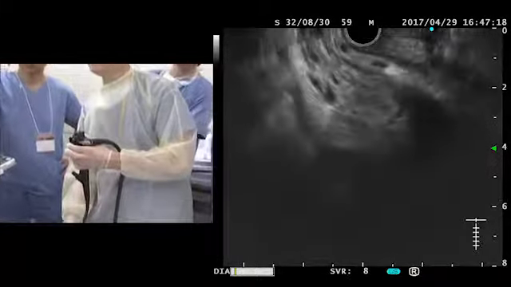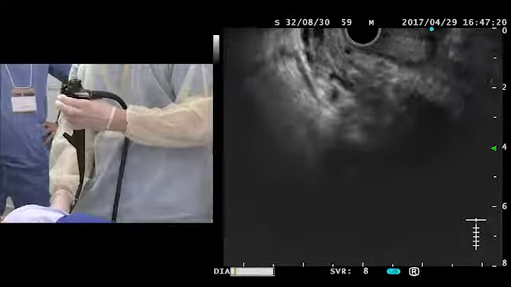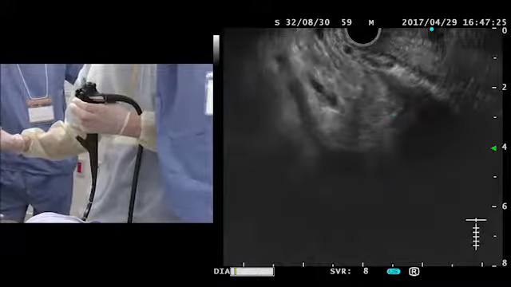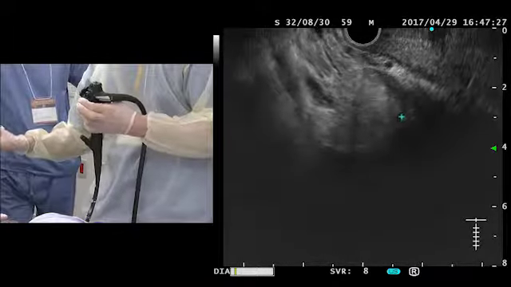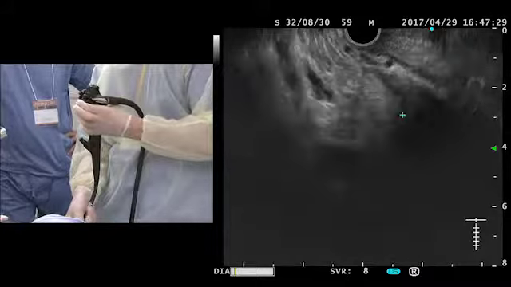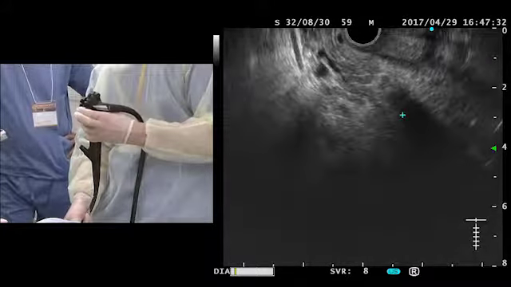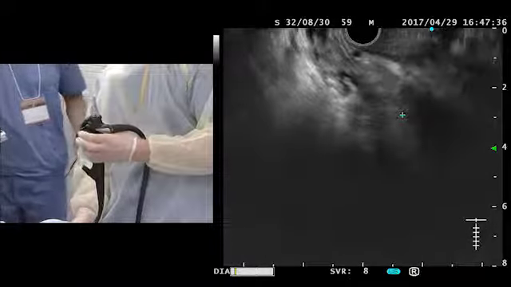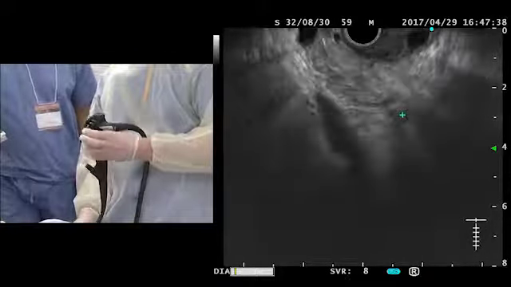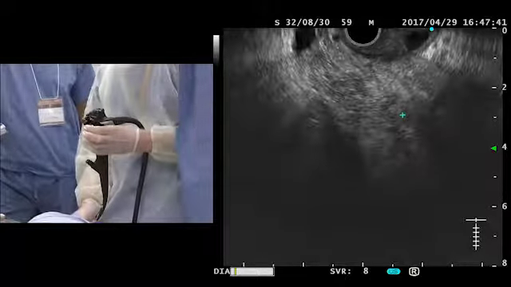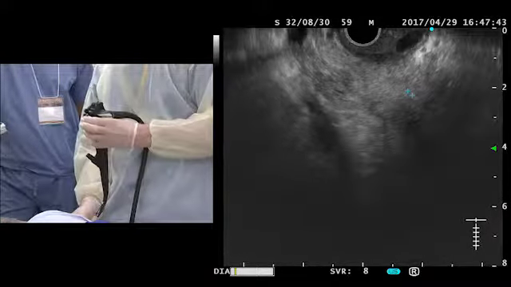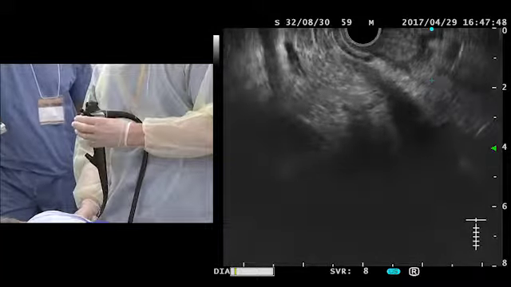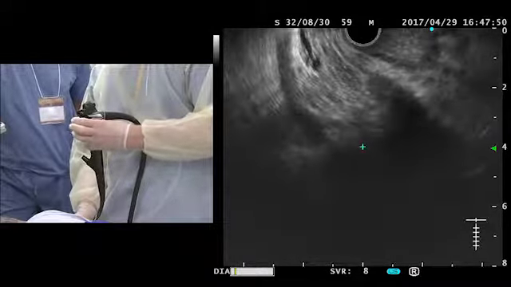Here in this area, I think you see nicely the minor papilla. Here's the pancreatic duct, and then it goes to the right side to the minor papilla.